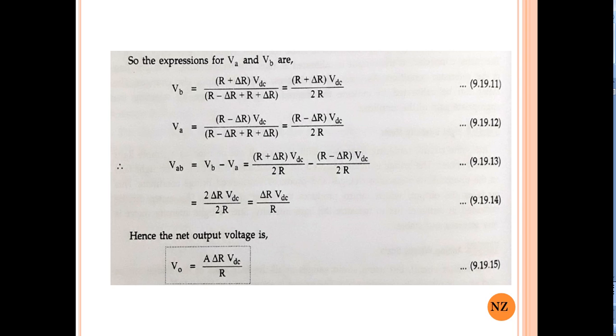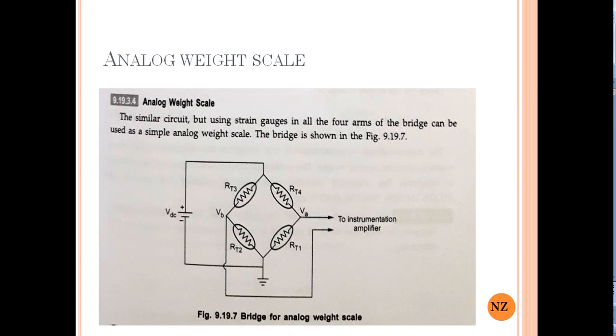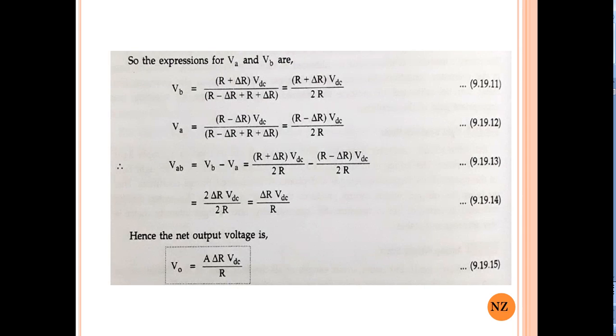Now what is VAB? What is the value of VAB? That is the voltage between the node A and B. So VAB is nothing but VB minus VA. So we will write VAB as VB minus VA. So that is nothing but equal to R plus delta R into VDC divided by 2R.